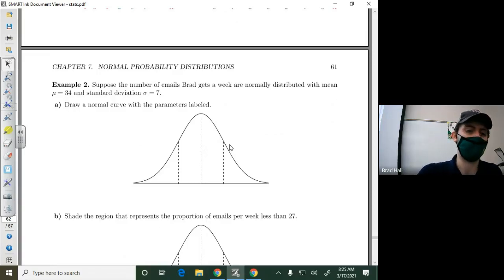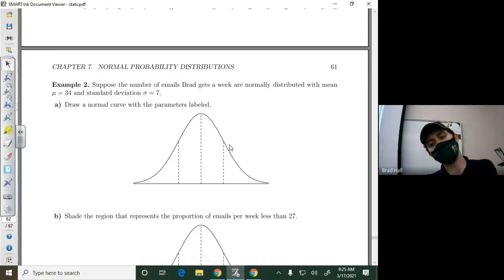So you can expect me a decent bit of the time, or a majority of the time, to get anywhere from 7 standard deviations below that or standard deviations above that. And that's pretty much my week in terms of emails. Of course, when a major test comes up, I get a lot more.